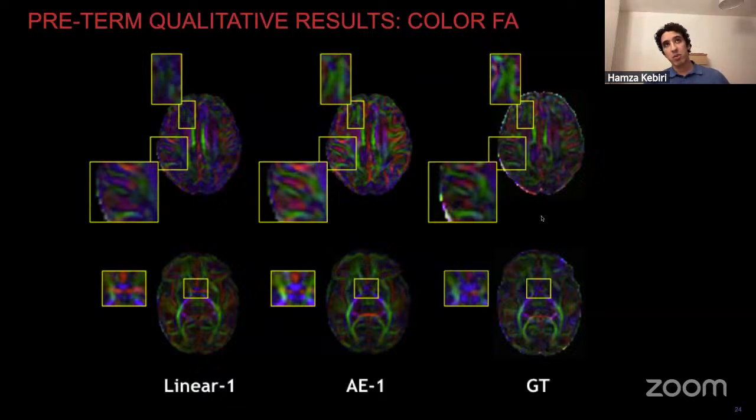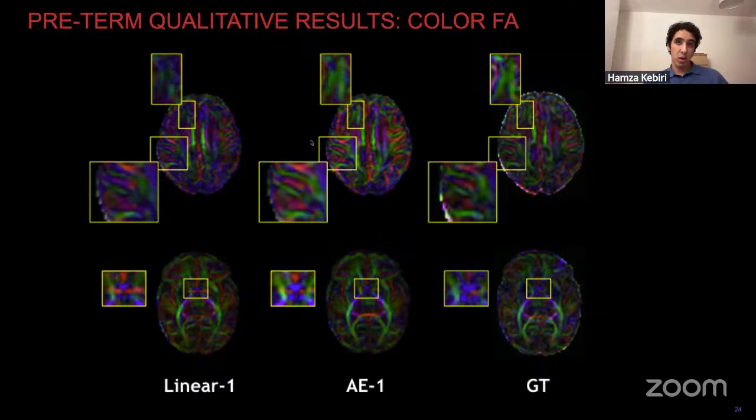From the diffusion weighted images, the acquisitions, you can extract many metrics, and one of them is the color fractional anisotropy. It gives how different the diffusion directions are in a specific voxel. The color coding is that the main direction is color coded with red meaning left to right, green anterior posterior, and blue superior inferior.